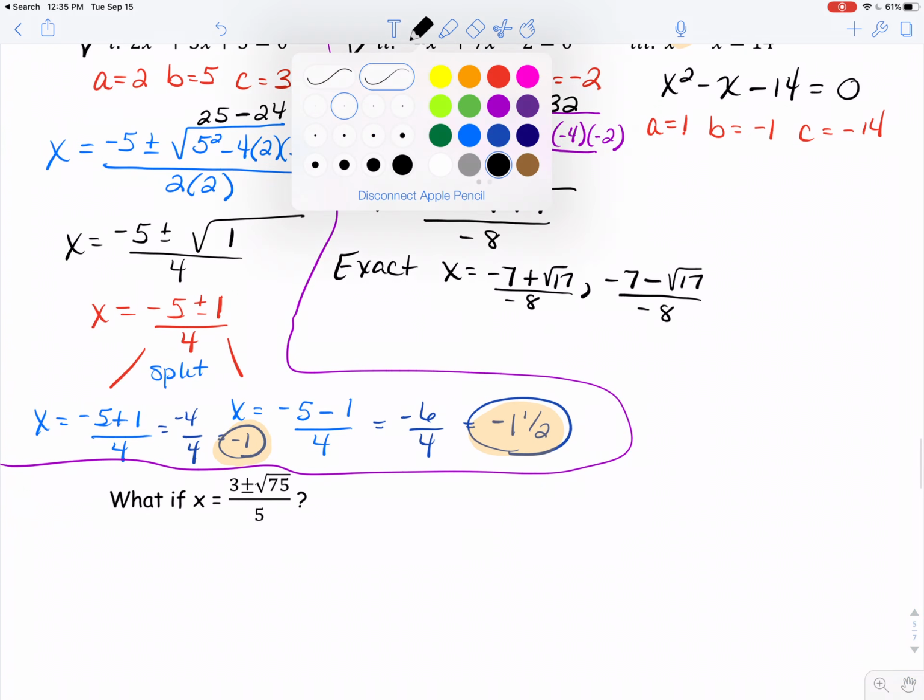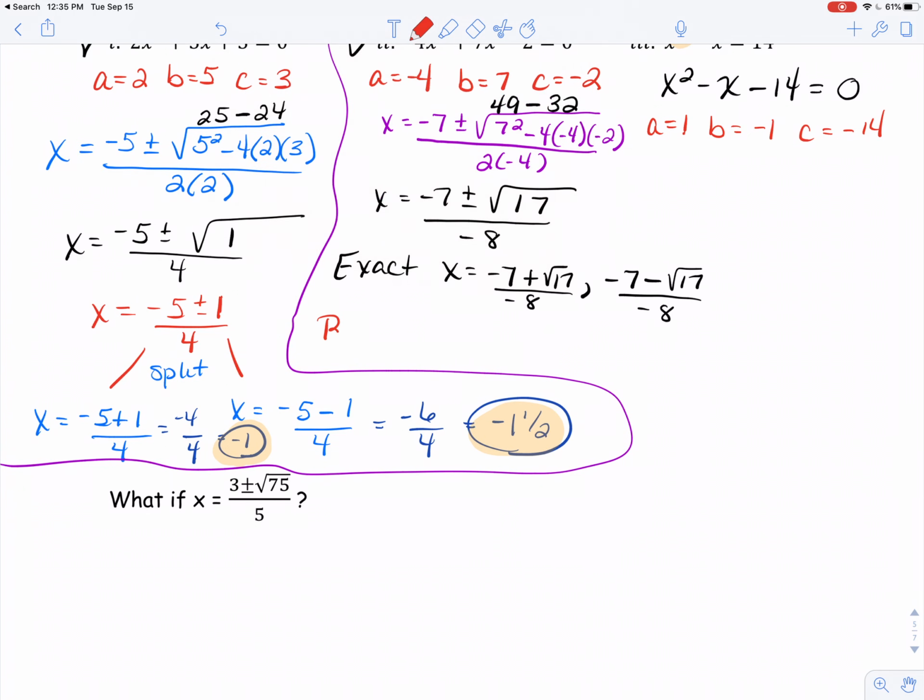If they ask in my lab for you to round your answer, say to the nearest tenth, well then you can use your calculator to do each of those, to take those a little farther.